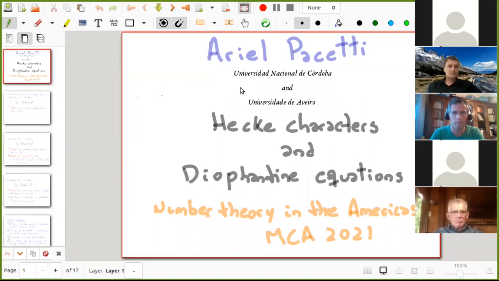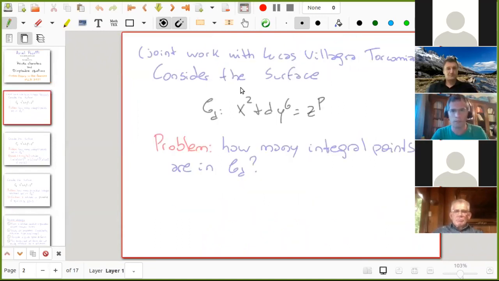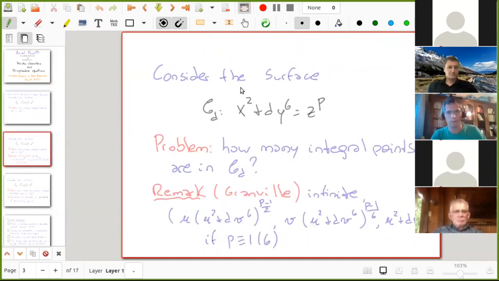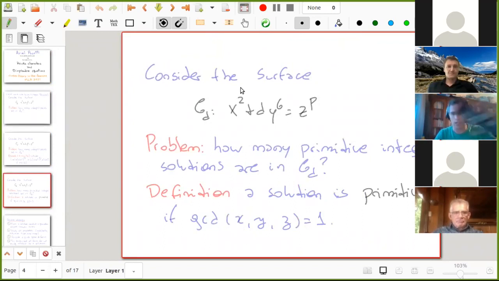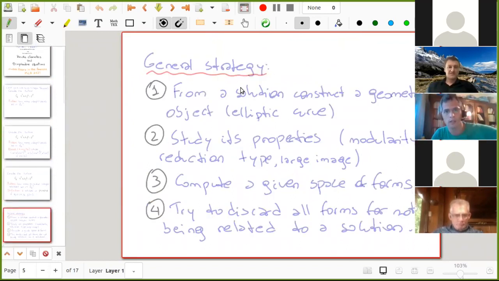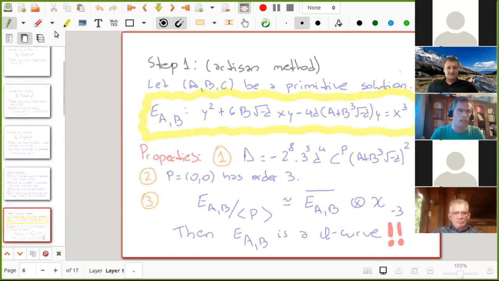Let me share my computer. Okay, can you see the computer? I'm not going to be able to write on it, but at least can you see it? Yes, we can see it. Sorry for that.